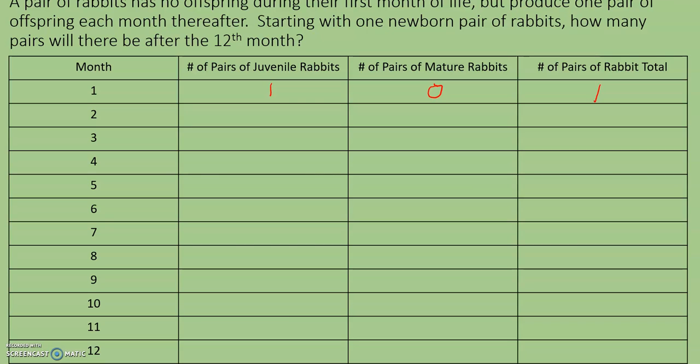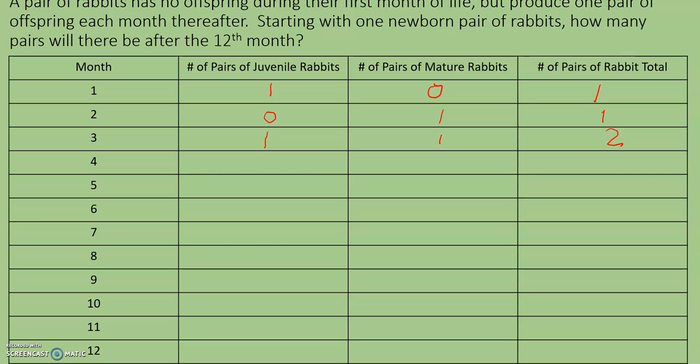The second month, there are 0 pairs of juvenile rabbits, 1 pair of mature rabbits, 1 pair of rabbits. The third month, that 1 pair of mature rabbits has 1 pair of juvenile rabbits. Still have that 1 pair of mature, and now we have 2 pairs total.